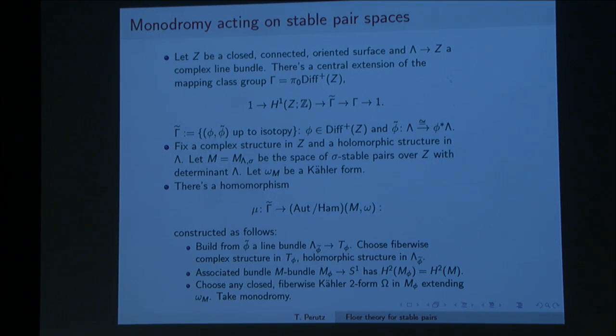So gamma is the mapping class group. It has this extension gamma tilde by the first integer cohomology, and it's simply the following. It's the isotopy classes of pairs where phi is a self-diffeomorphism of your surface, and phi tilde is a linearization of that in the line bundle that you have selected. So it's an isomorphism of lambda with phi star lambda. Okay.